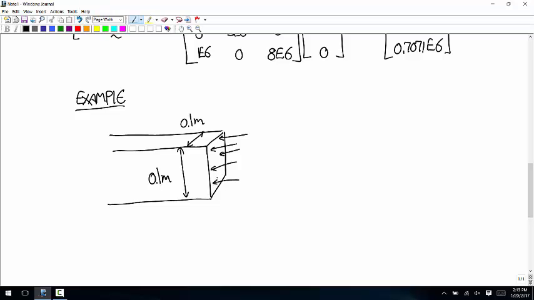That's all facing in that direction. It has a total force value of 25,000 newtons. And the question is, what restrictions does this put on the stress tensors for points on the end?